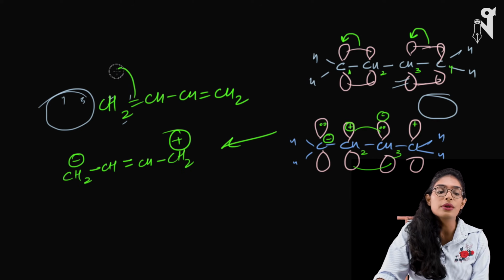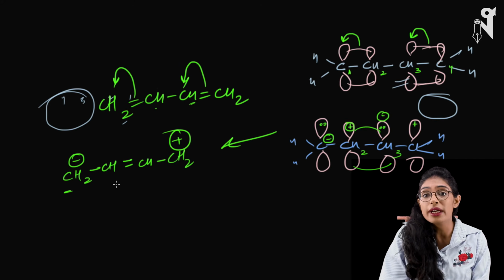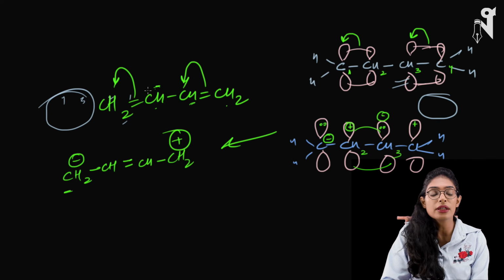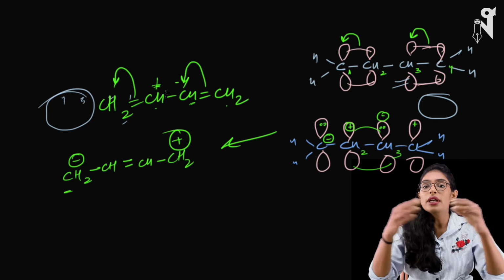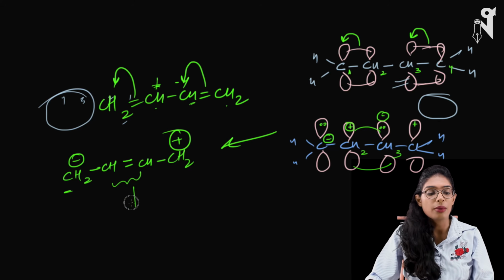The bond split happens in this way, in a heterolytic manner. This carbon got a negative charge, this carbon got a positive charge, the third carbon got a negative charge, and the fourth carbon got a positive charge. And the positive second carbon and the negative third carbon shared the electrons and formed a pi bond. A new pi bond has formed over here.